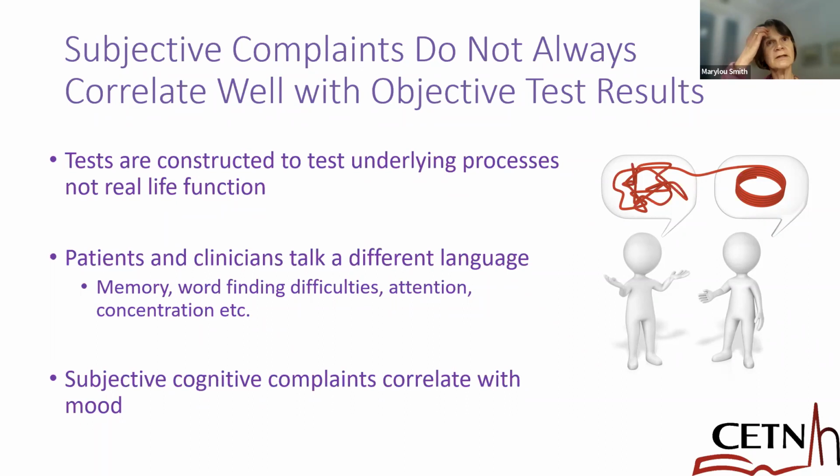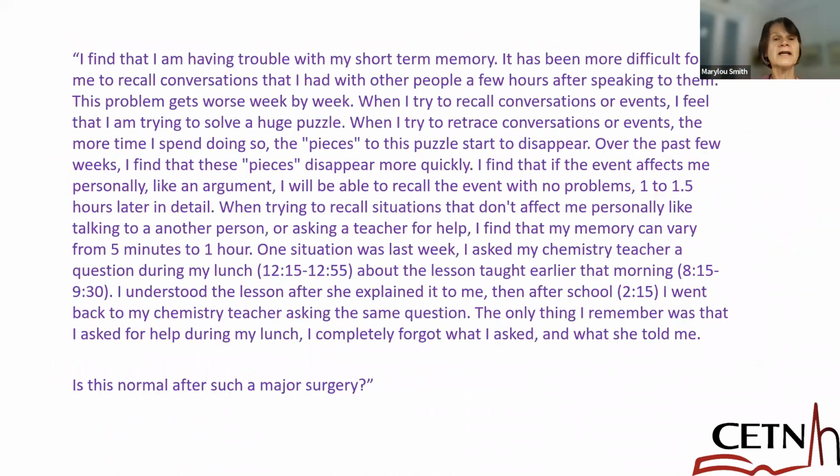I'll give you an example of that from a 17-year-old boy who underwent a right temporal lobectomy. And 4 months after he had his surgery, he wrote an email to his neurosurgeon saying, I find that I'm having trouble with my short-term memory.